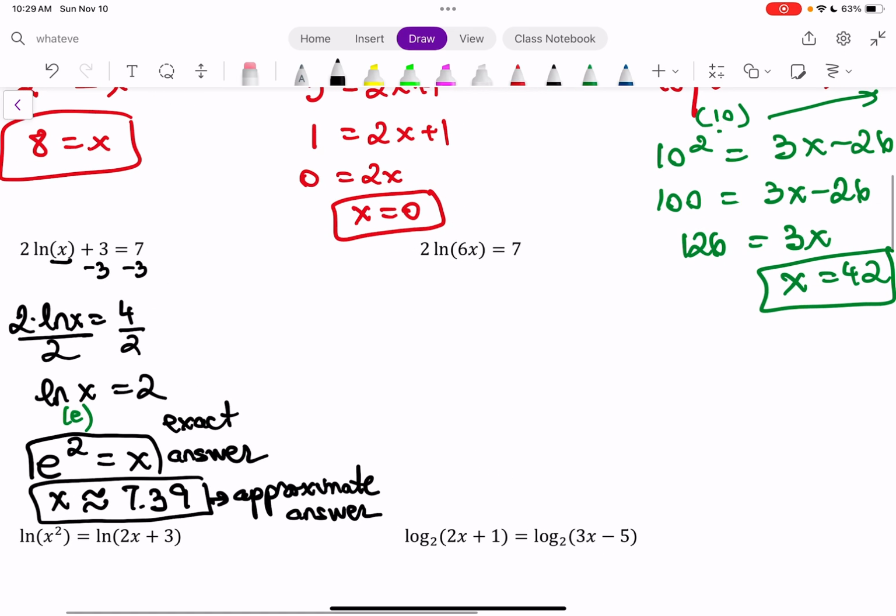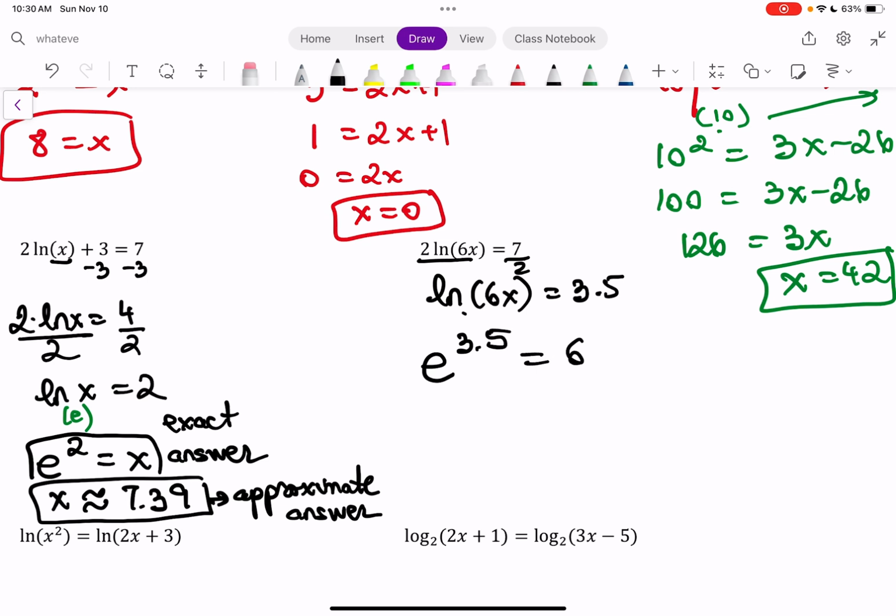All right, so again, as always, you're welcome to try some yourself. I'm first going to divide by 2. So 7 divided by 2 is 7/2 or 3.5. Now again, remember, the base there is an e. And to get to x, I will further divide by 6.